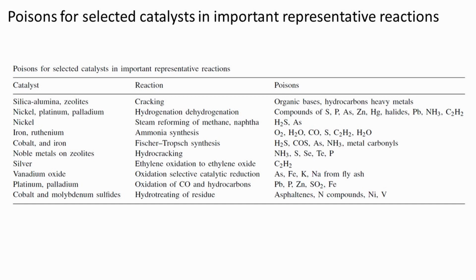Amines and ammonia are common poisons for acidic solids such as silica, alumina, and zeolite in cracking and hydrocracking reactions, while sulfur- and arsenic-containing compounds are typical poisons for metals in hydrogenation, dehydrogenation, and steam reforming reactions.